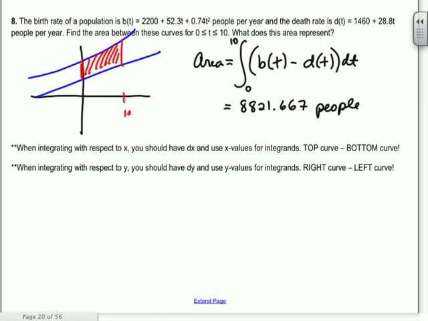Your population has grown by that many people over that 10 years. So the population has grown by, we'll round down, I don't know about 2/3 of a person, so we'll say 8,821 people over the 10-year period.